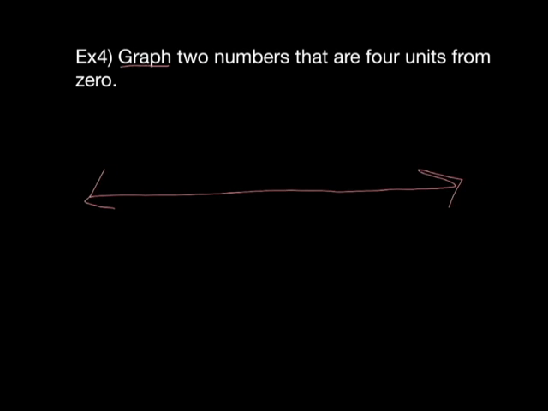Well, what numbers are given? 4 and 0. So let's go ahead and put a 0. Count up to 4 on the number line. And -4 on the other side. We always have to make sure we see everything that the words say in a word problem.